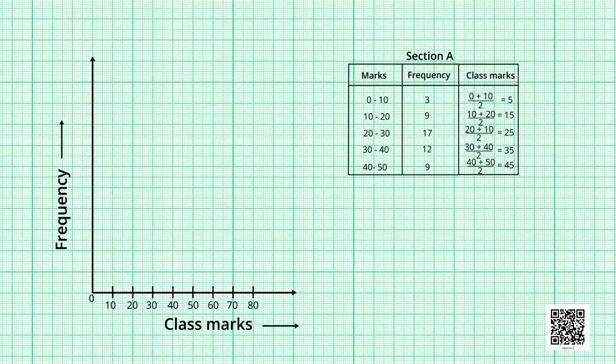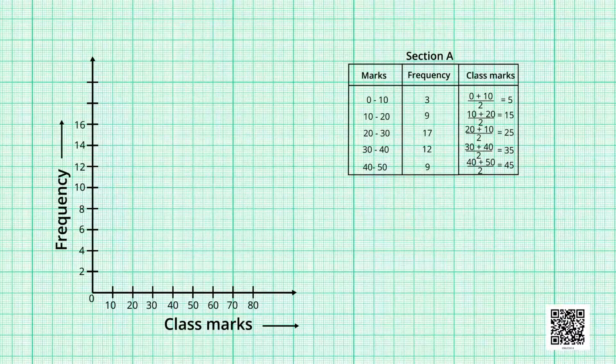Our frequency is ranging from 3 to 17. So we can have a scale of 2 units along the y-axis. That is, the number of students will change by 2 after every unit. So we have 2, 4, 6, 8, 10, 12, 14, 16, 18, 20 and so on.